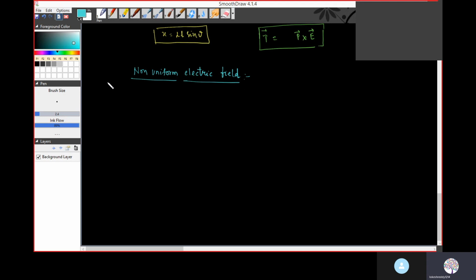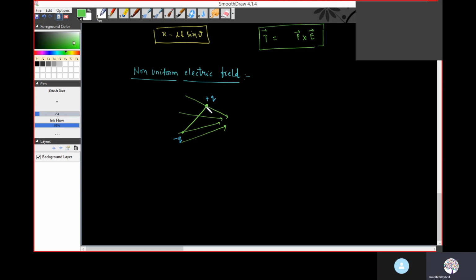In a non-uniform electric field, these electric field lines are like this. Why? Because this is non-uniform. Now here, if you place a dipole like this, this is minus q and this is plus q.